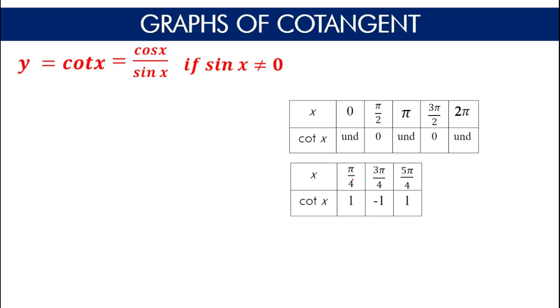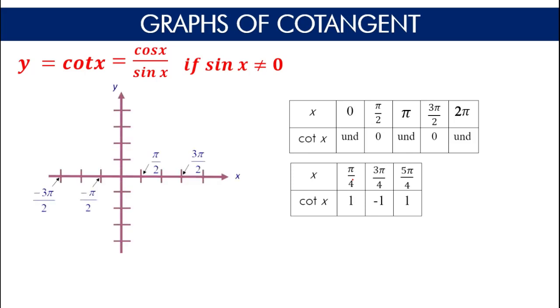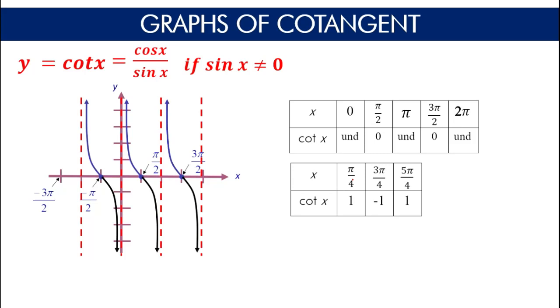You'll have undefined values again, so you'll have vertical asymptotes at 0, pi, and 2 pi, and negative pi, negative 2 pi, and so on.